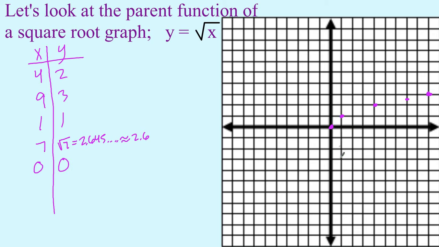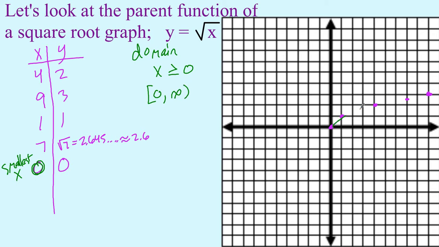That's the lowest my x can be, because if you think about your domain here, anything underneath the radical has to be greater than or equal to 0. So the smallest thing you want to plug in is 0. That's your limit. That's your domain. It goes from 0 to infinity.